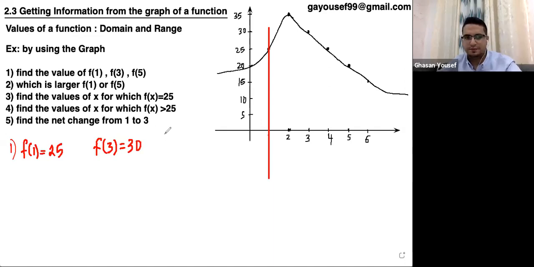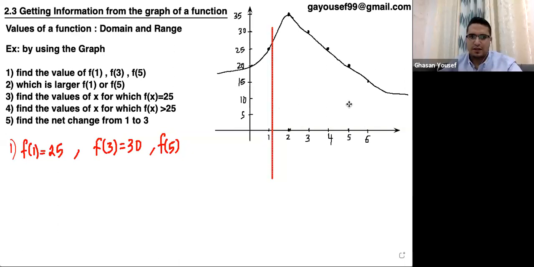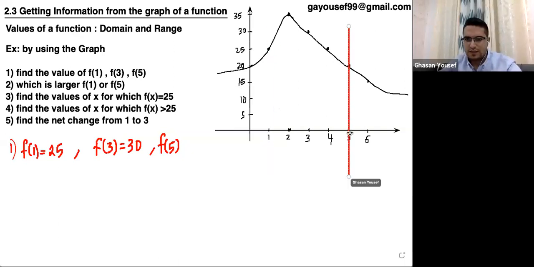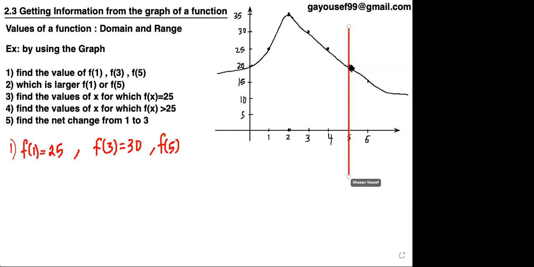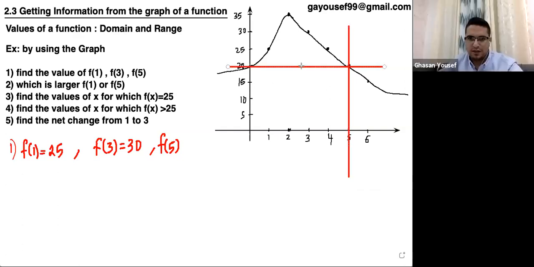What about f of 5? What is the height? It is 20 exactly. As we see here at 5, the distance from the x-axis until where the line intersects the curve is 20.